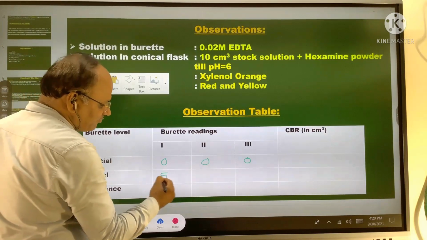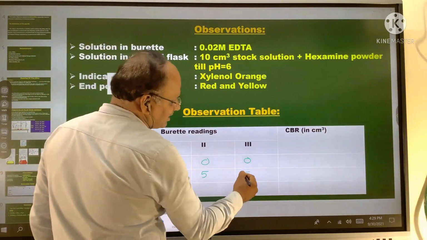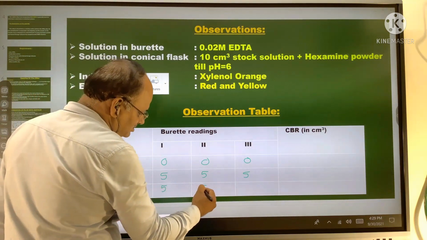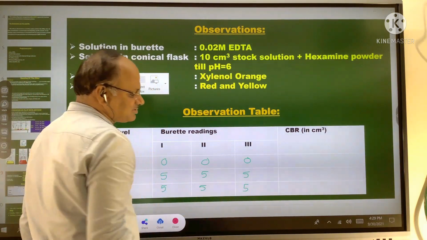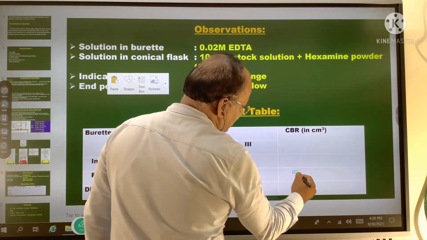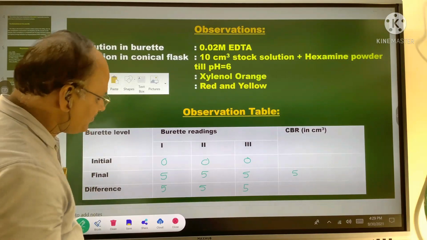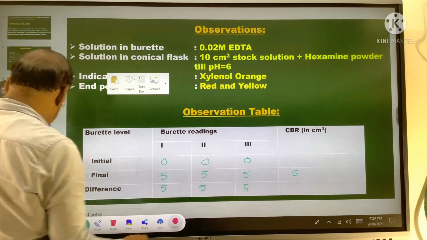Then the final reading is supposed to be 5. The difference between them is 5, so the constant burette reading is 5 cubic centimeter.